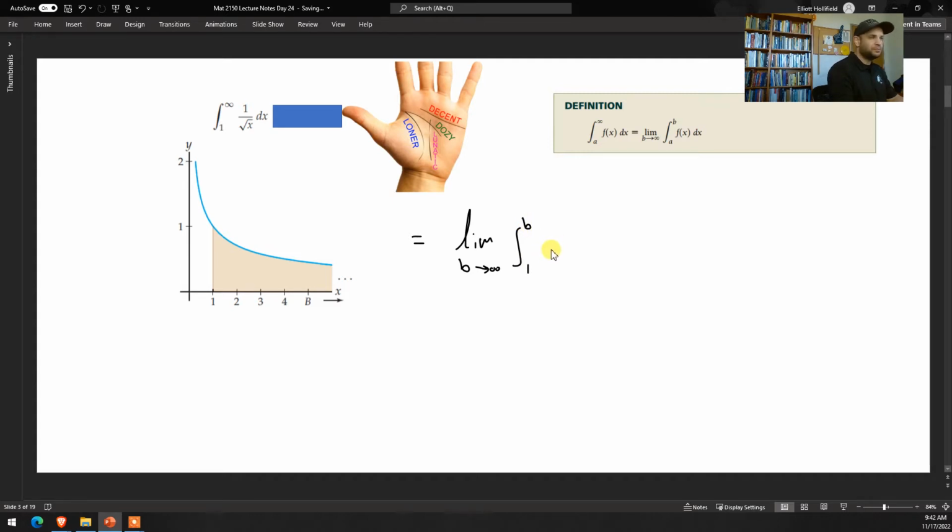We can rewrite it: 1 over square root x is equal to 1 over x raised to the 1/2, which we can then write as x raised to the negative 1/2.